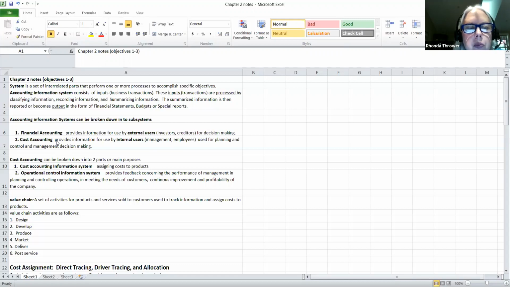For management, we're going to want to look at planning and controlling the company. And so we're going to use cost accounting reports to help us to make decisions about planning and controlling for the company.